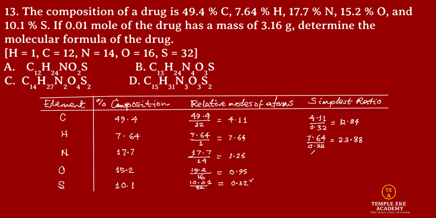We continue in that manner. 1.26, the next value, divided by that smallest value, 0.32, gives us 3.94 to 2 places of decimal. And now 0.95, also divided by 0.32, gives us 2.97.